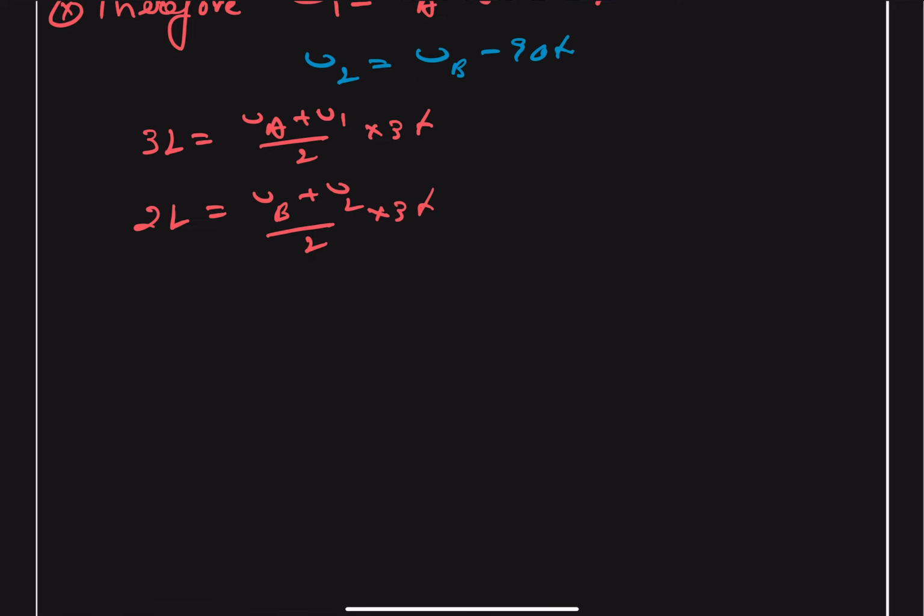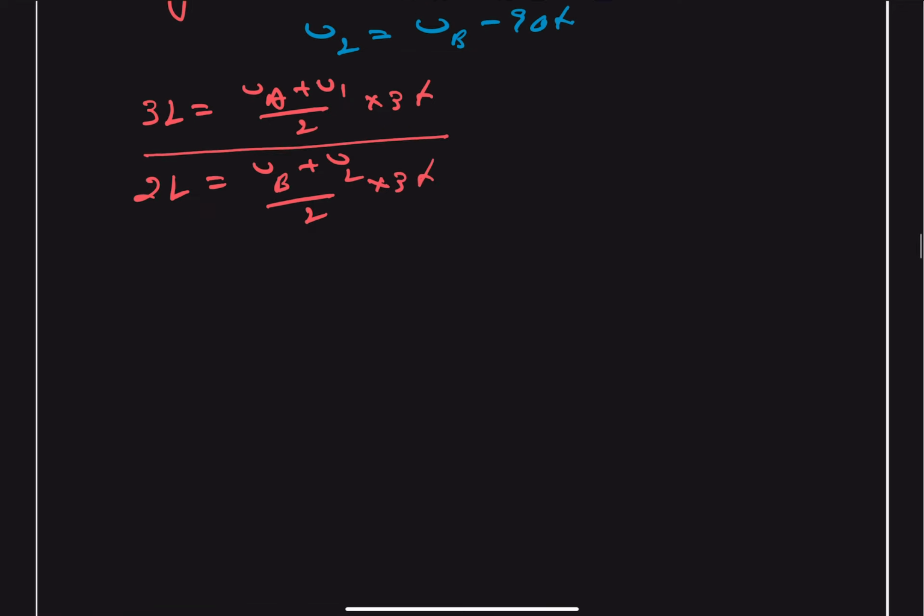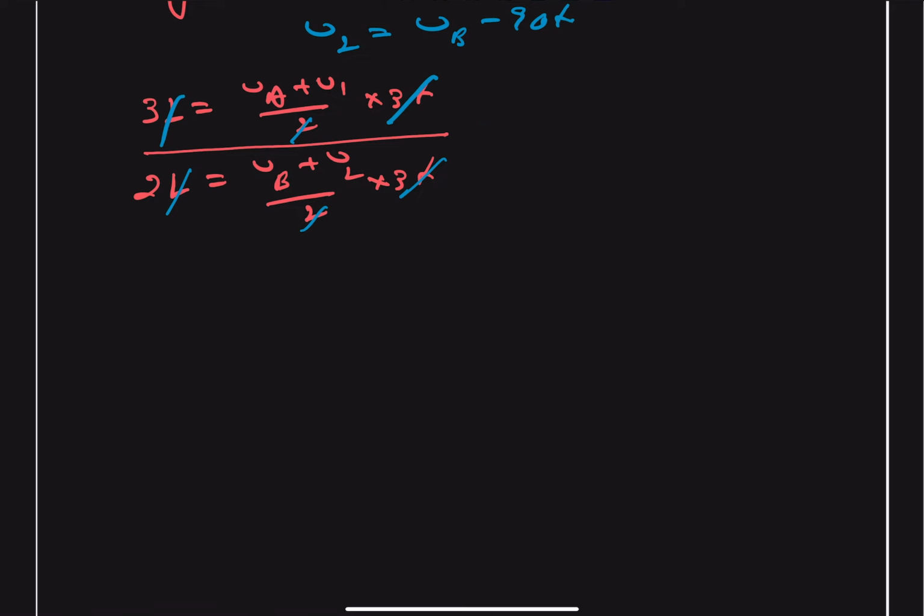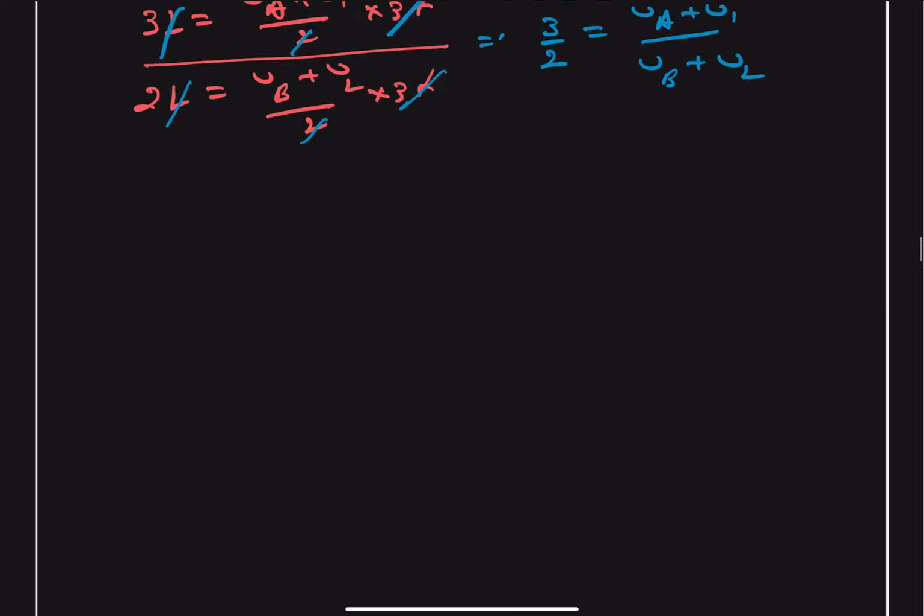So the 3T, 2 and 2 cancel, L also goes away, and this gives us that 3 by 2 is equal to VA plus V1 divided by VB plus V2, and it can be further written as 3 times VB plus 3 times V2 is equal to 2 times VA plus 2 times V1.